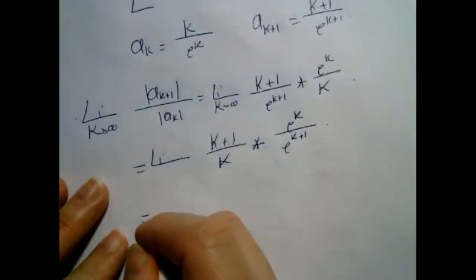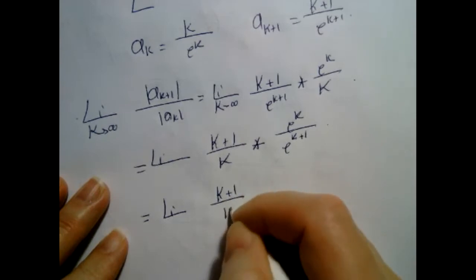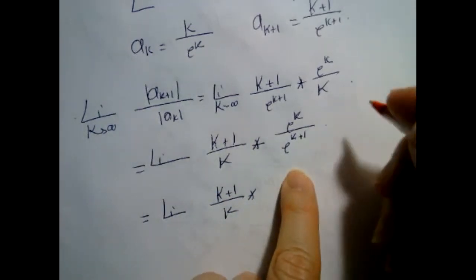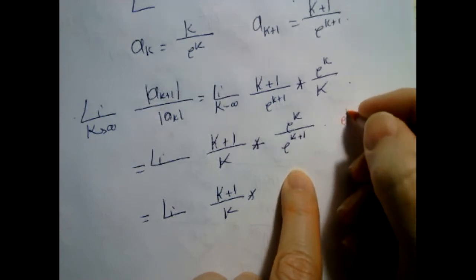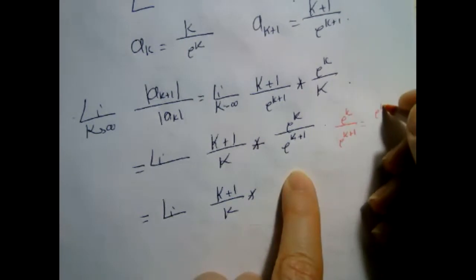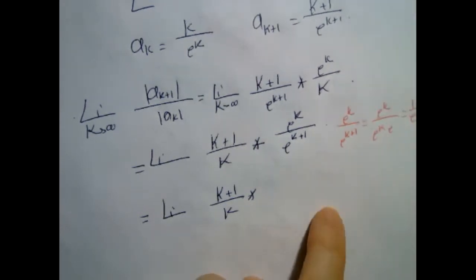Now, don't let e scare you at all. e to the k over e to the k plus 1 is again e to the k over that, which is the 1 over e.